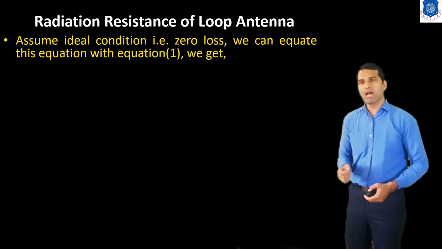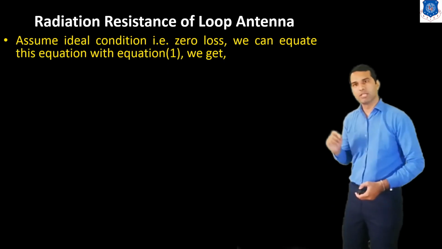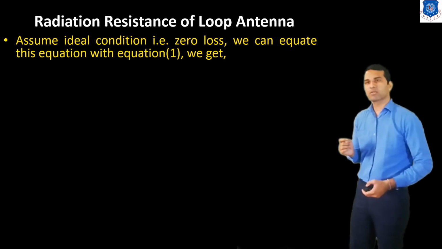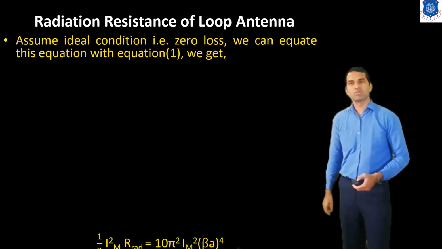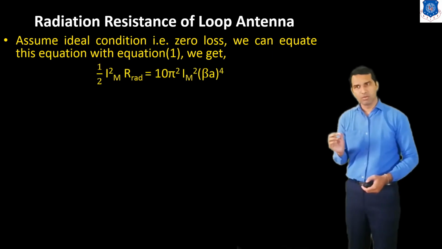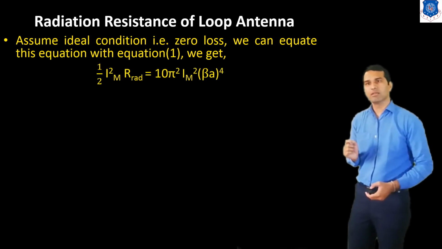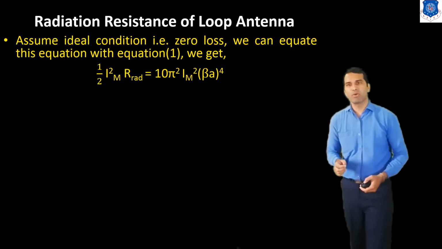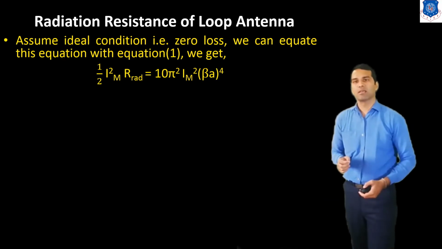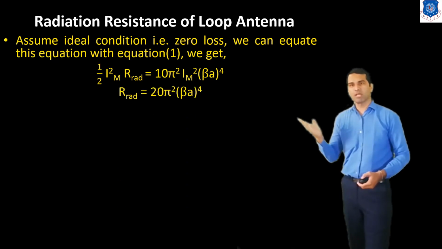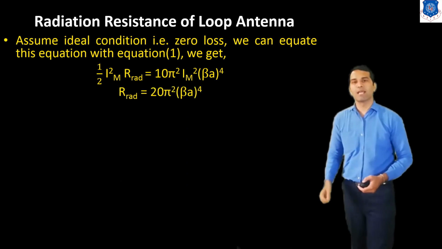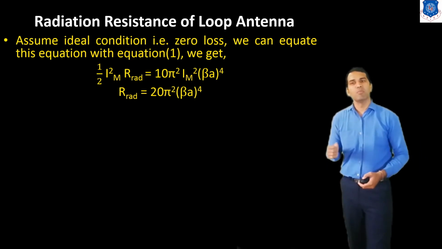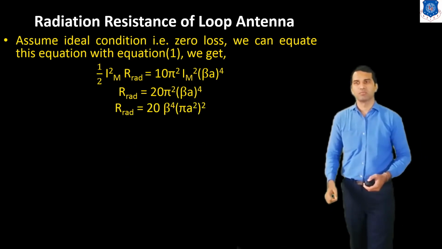Now assume the ideal condition, that means zero loss. We can equate this equation with equation number 1. So we get 1 by 2 Im square into R radiate is equal to 10 pi square Im square beta a raised to 4. So when we compare these two equations, we can write R radiate, that means radiation resistance, equals 20 pi square beta a raised to 4.